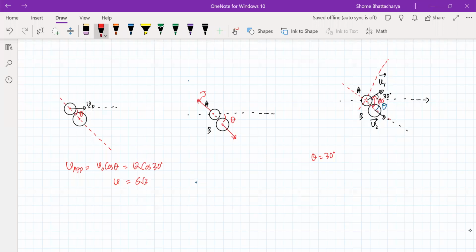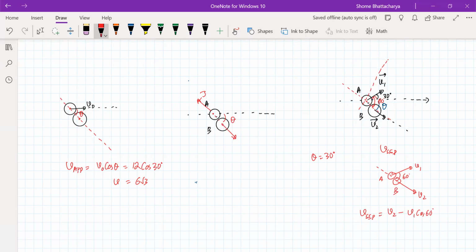So what is our separation velocity? This is going directly along the center to center line at v2, but this is having a velocity v1 like this, where this is at an angle of 60 degrees. So A's component towards B is v1 cos 60, and B is directly running away at v2. So the separation velocity will become v2 minus v1 cos 60.